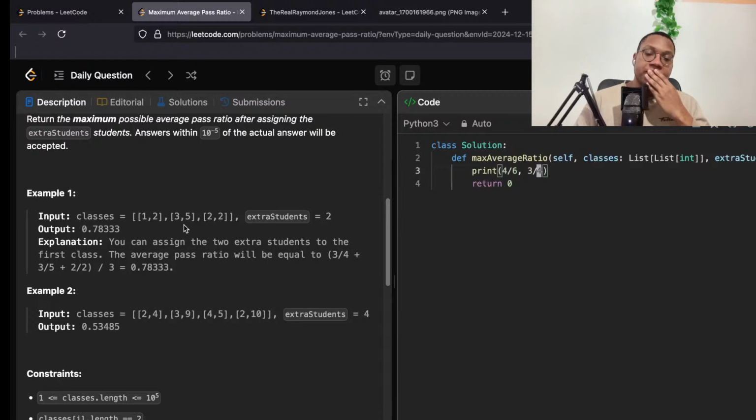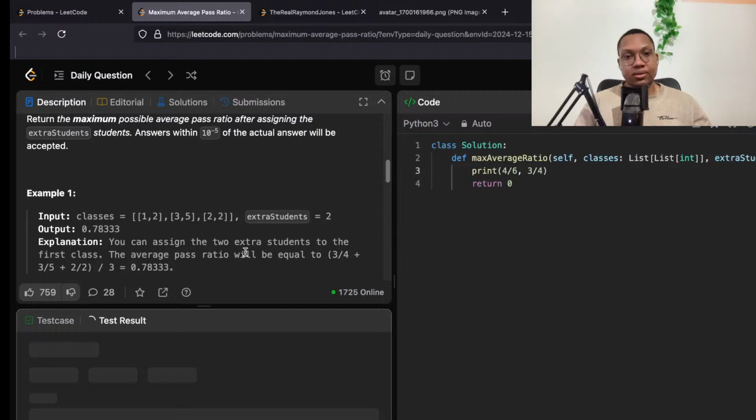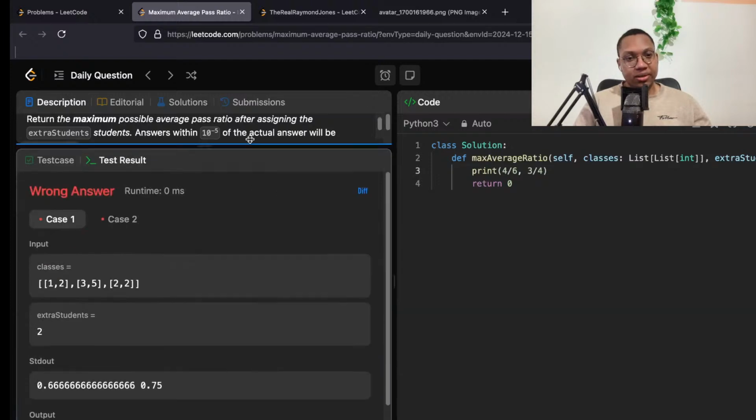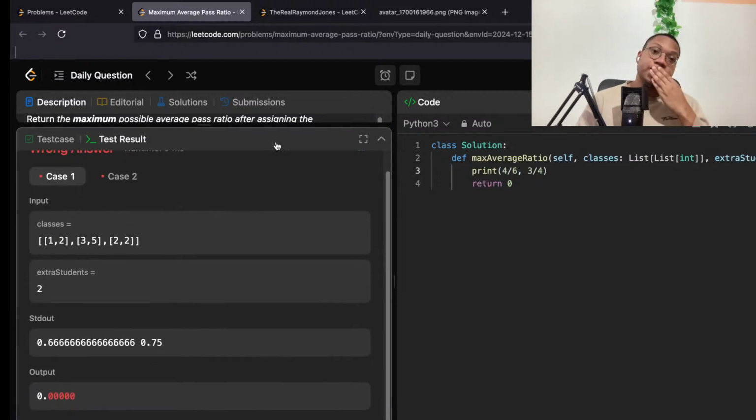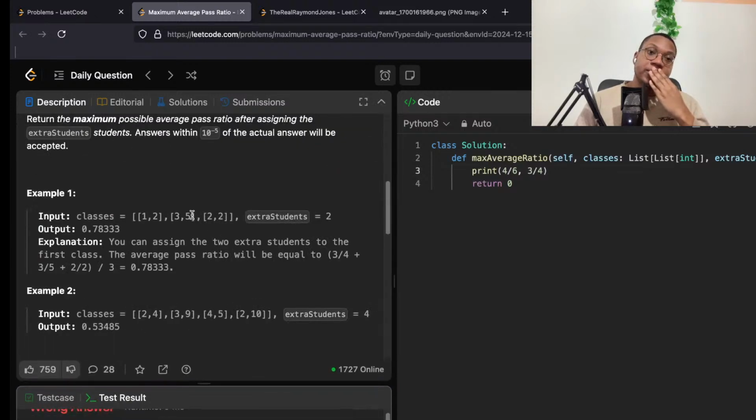I'm trying to figure out how this is decided, because you could use a heap, is what I'm thinking. But I don't know. 4/6, for sure this one's the smallest, so we need to boost it. When we boost it, we get 2/3.